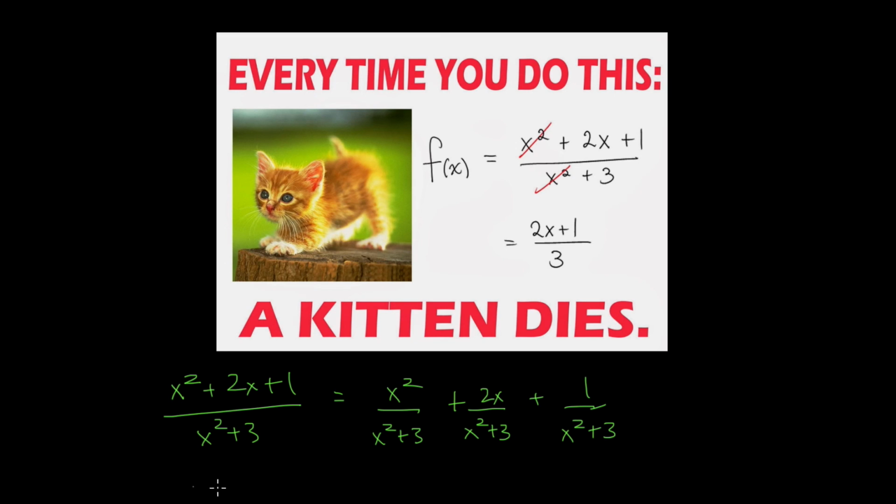When you have 3 separate terms being added together and you're dividing them by a common denominator, it means that each one of the terms is being divided by the denominator. So when you cancel out something like that, you're taking out one term of the denominator and just one term of the numerator, but that's not what's happening.